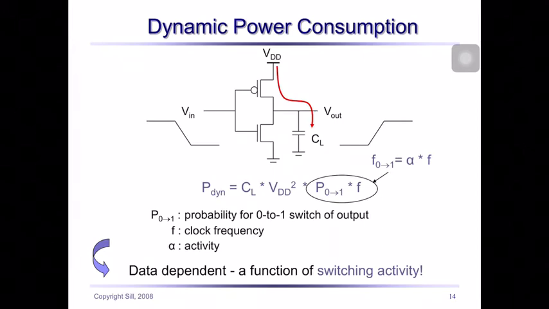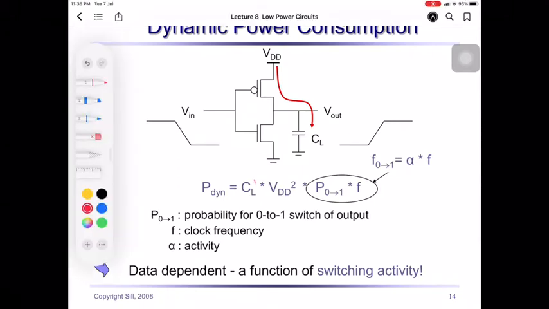If you have a high capacitive load, you will have high dynamic power. If you have very high switching, you will also have high dynamic power. As you can see here, it is not dependent on the size of the transistor.